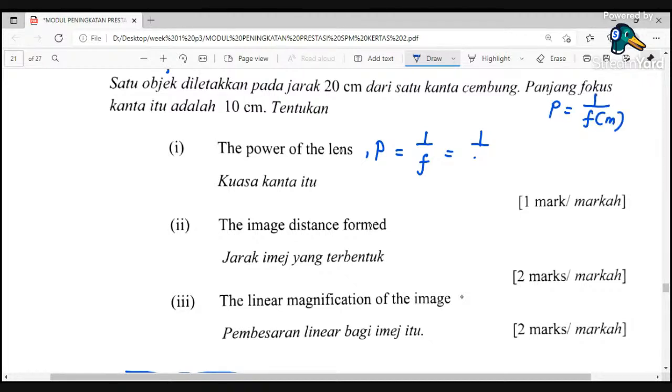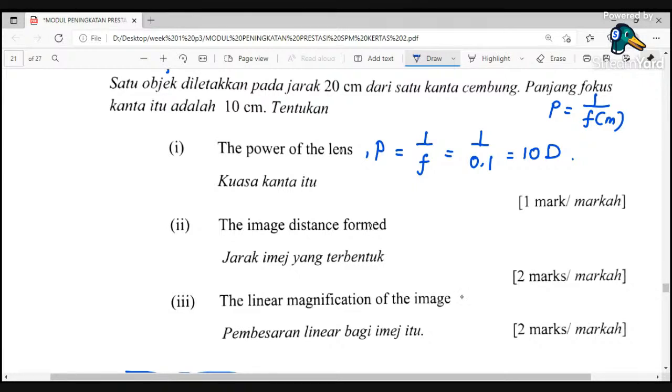Then only you get the unit for power, diopter. So 10 centimeter becomes 0.1 meter, so it becomes 10 diopter. The unit must be correct.